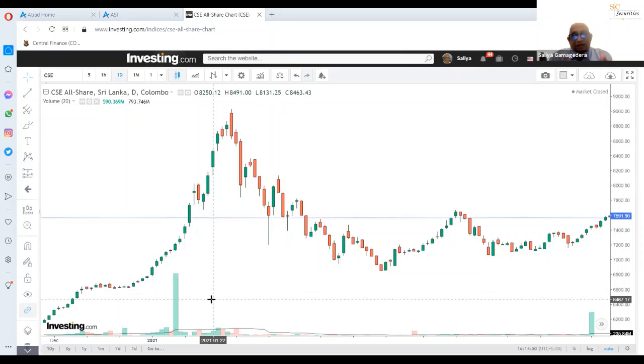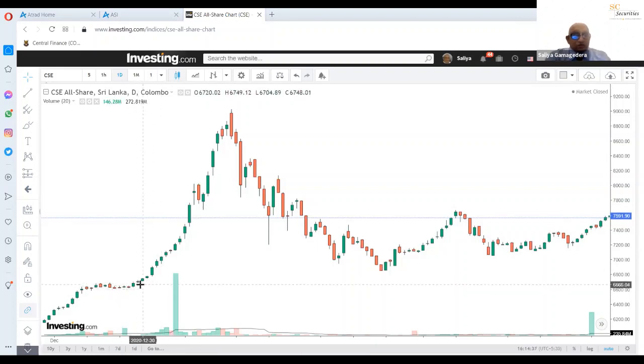Now, we classify an uptrend by the lows. I mentioned that all these wicks at the bottom of the candles are called the lows. And in an uptrend, the lows have to increase, right? We call it the higher low formation. Every low has to be higher than the previous low.